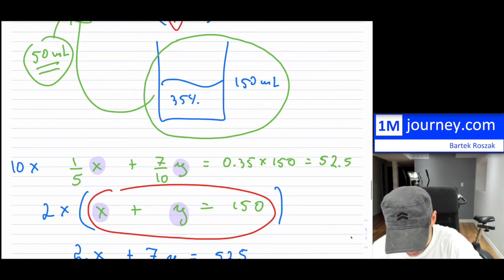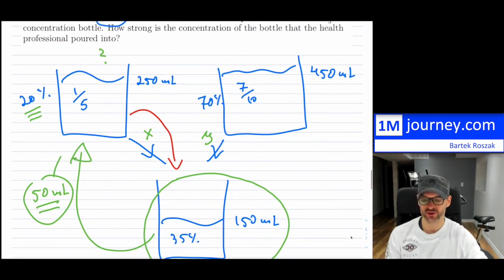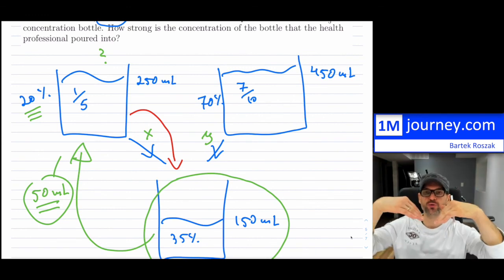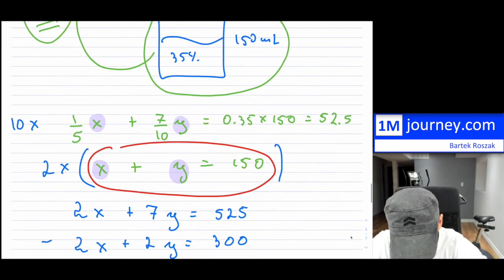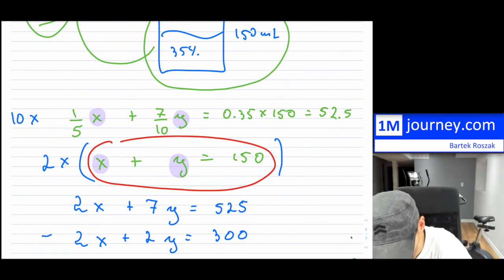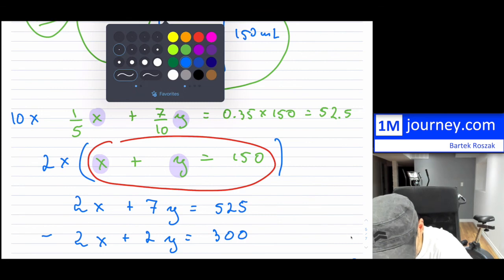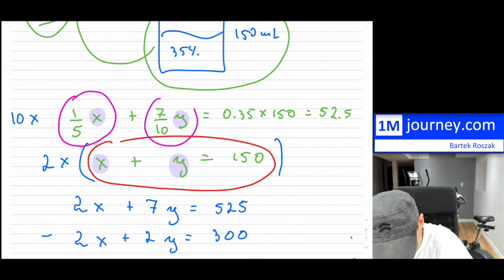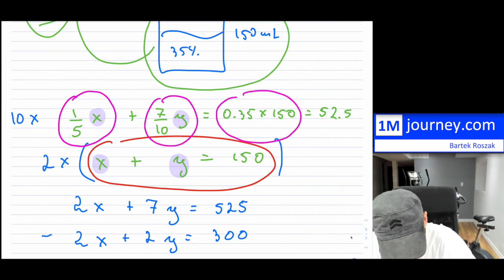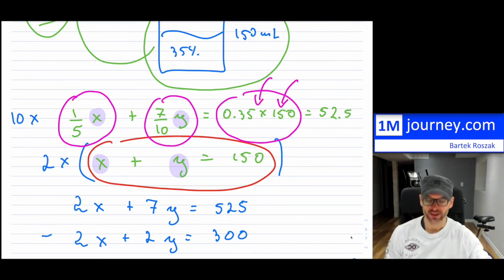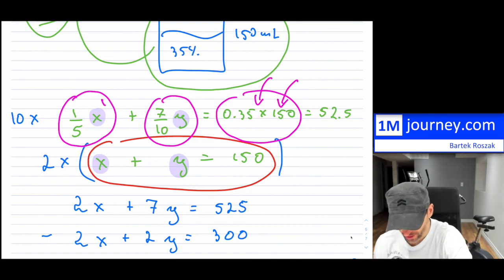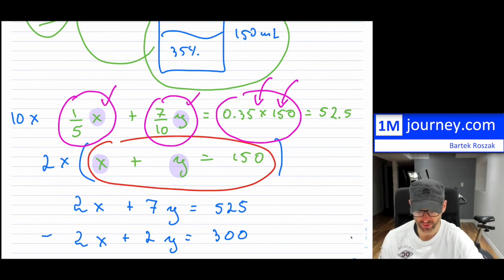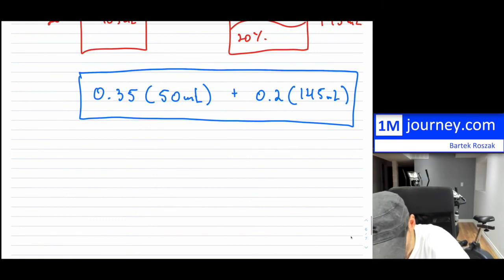When we pour two things together, we did it right here: we poured this and this together to obtain this. But before, they always told us how much and what the concentration was. This time around, because we're pouring two things together, we know how much we have.